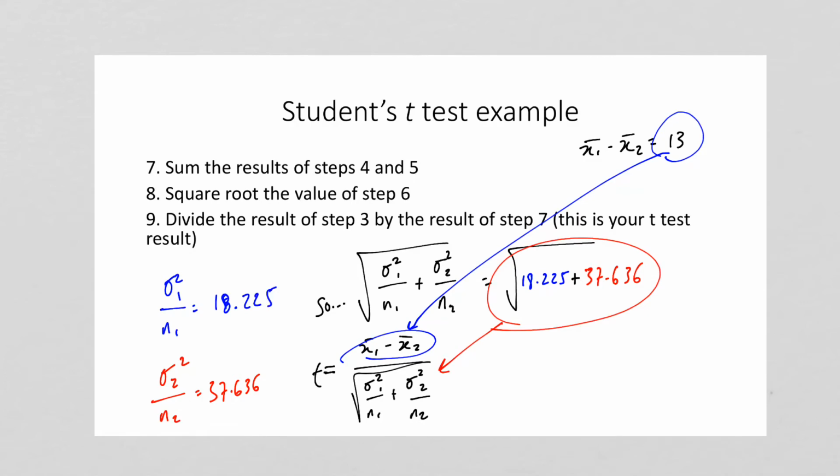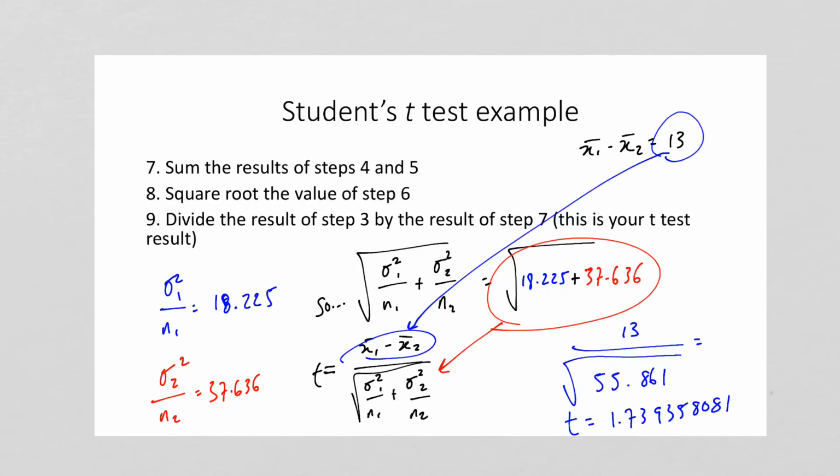So we end up with 13 divided by the square root of 55.861, which is going to be equal to 1.739358081. That is our t-value. So we now have our t-value.